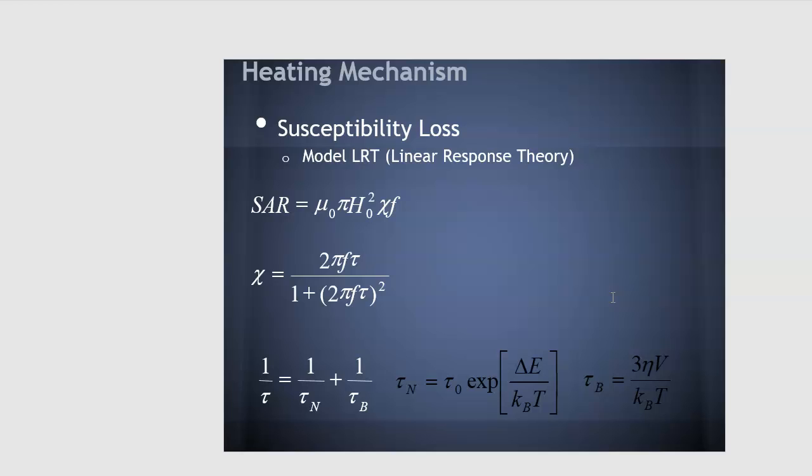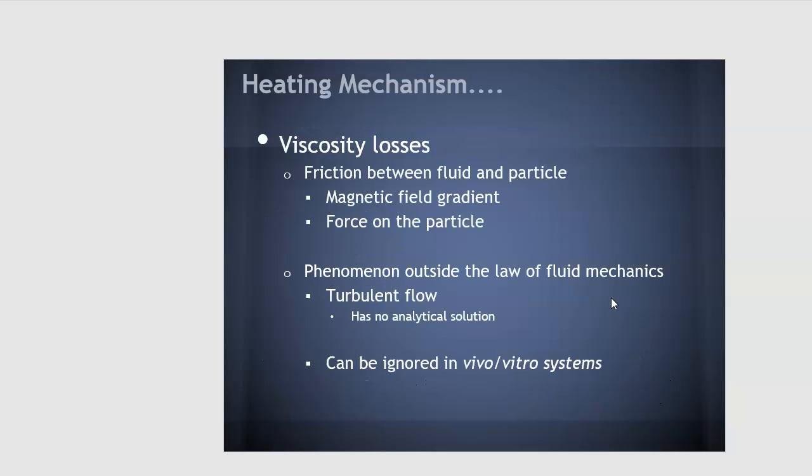Susceptibility loss is based upon a linear response theory where the specific absorption rate is given by the square of the magnetic field, and it depends directly on the susceptibility of the material and frequency. This susceptibility is given by this equation, where tau is the total relaxation, which is the sum of the Néel relaxation and Brownian relaxation.